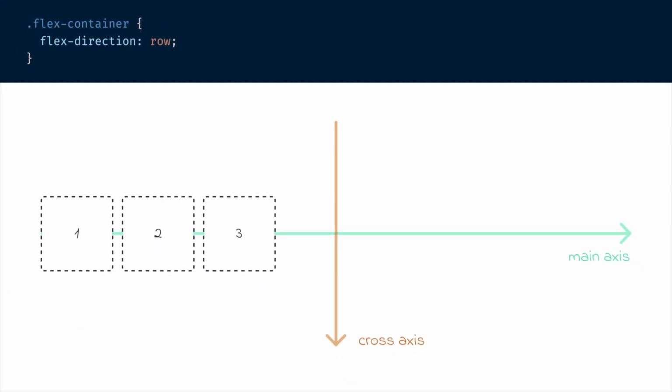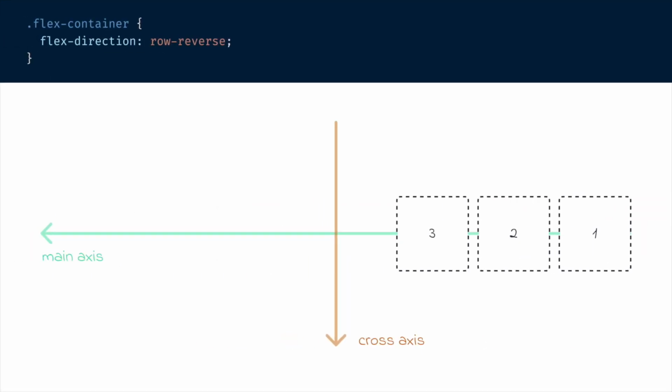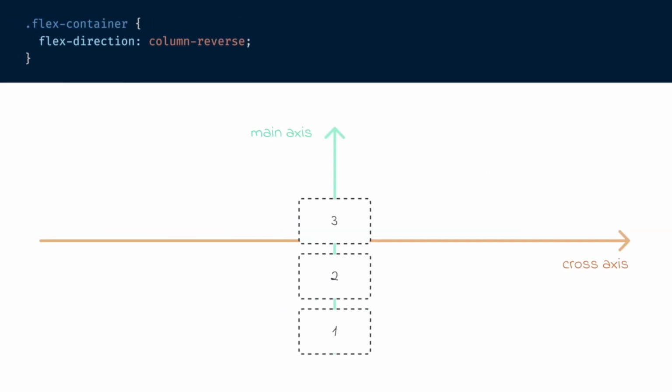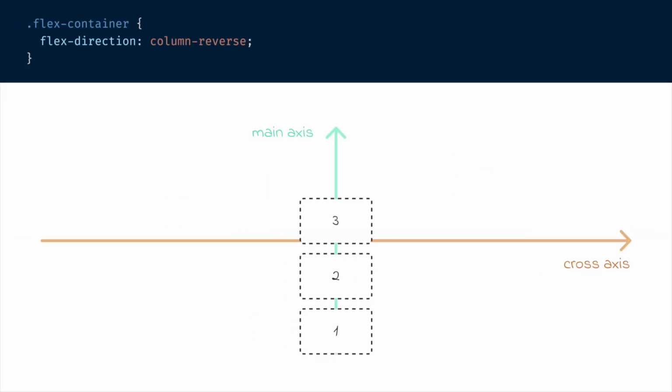Here's the cool part. We can change the direction of the main axis by using the flex direction property. It has 4 possible values. Row will lay out the items from left to right, row reverse from right to left, column will lay out the items from top to bottom, and column reverse from bottom to top.